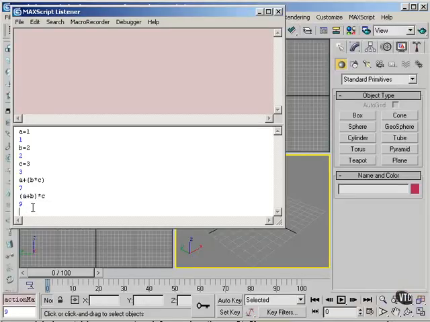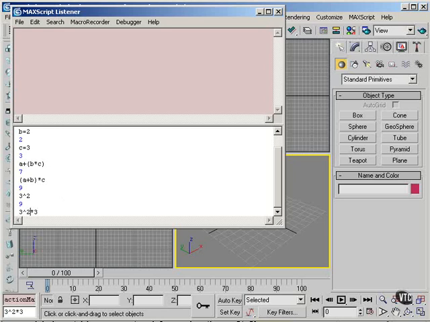So let's take 3 squared, 3 to the second power, and we get 9. So then 3 to the second power times 3. So what will this mean?